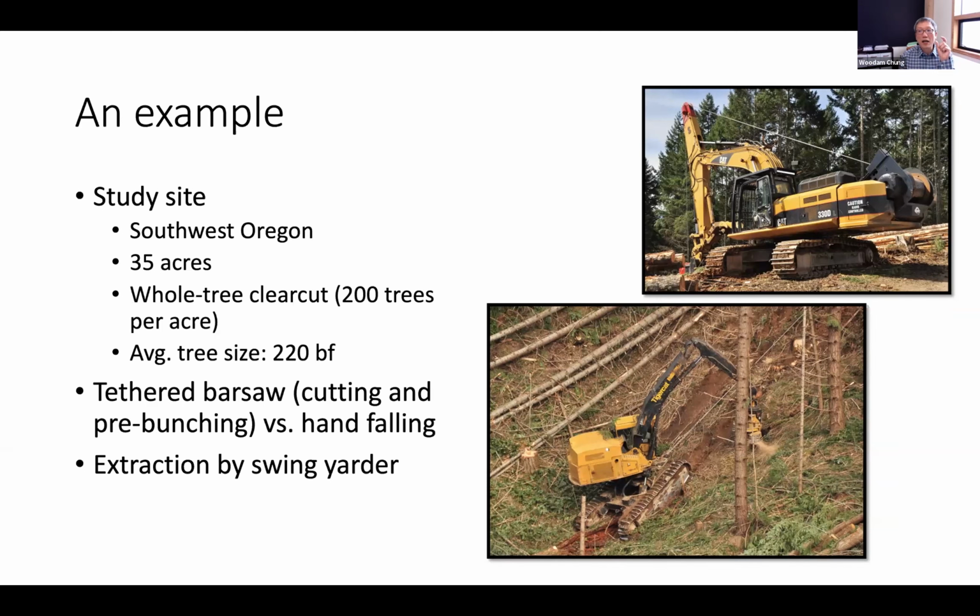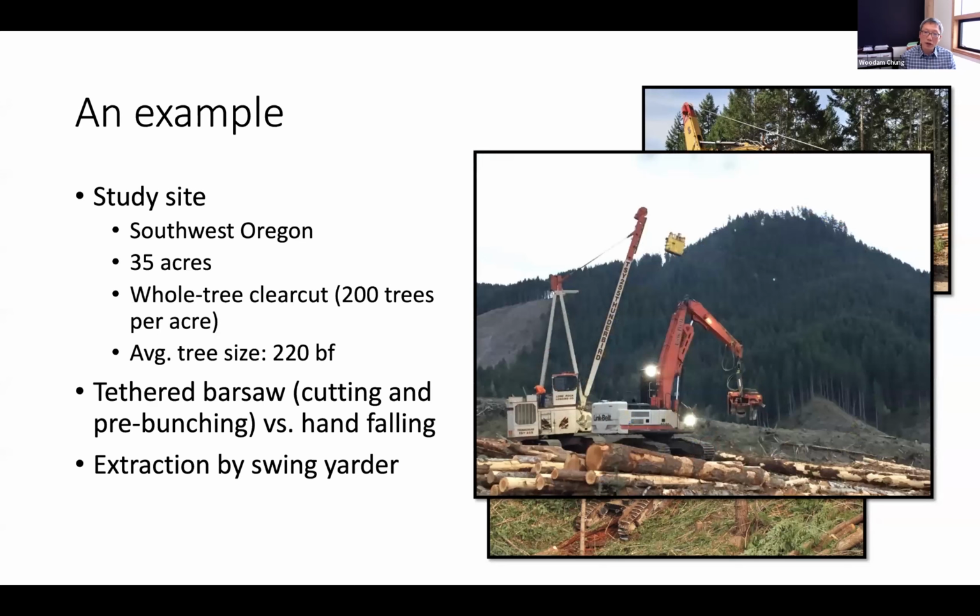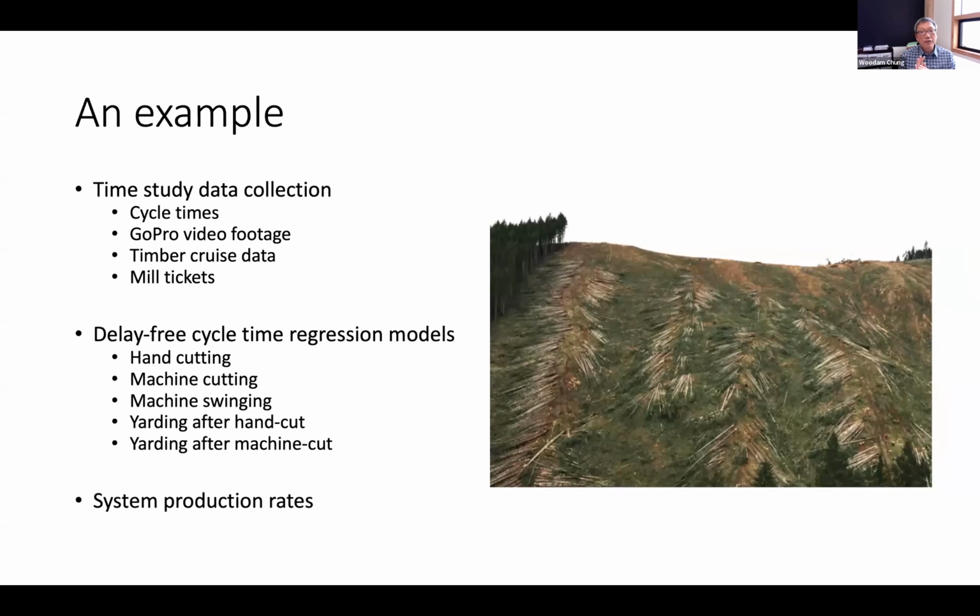So we want to quantify the impact of that pre-bunching on cable yarding productivity and cost. And then we used the same Thunderbird swing yarder to cable log both areas. This is the picture after machine cut. You can see here, the machine was able to swing felled trees and nicely pile them up along the skyline corridor.